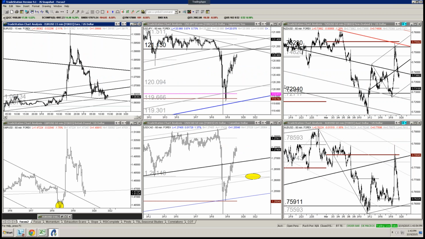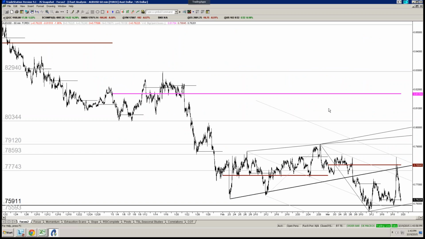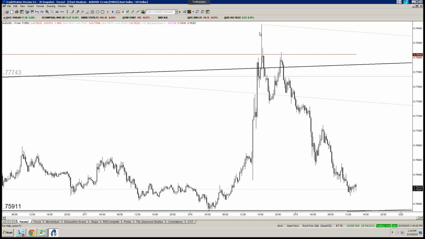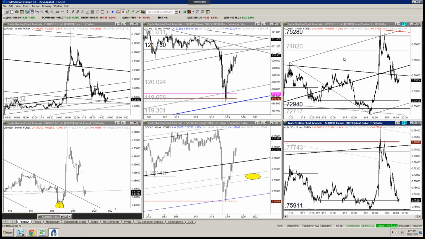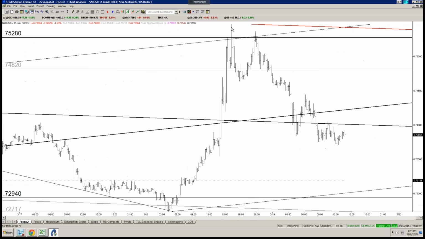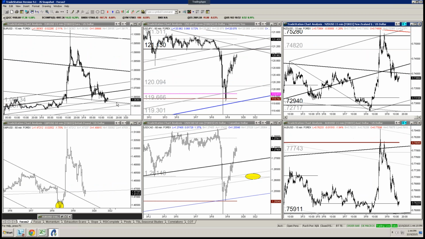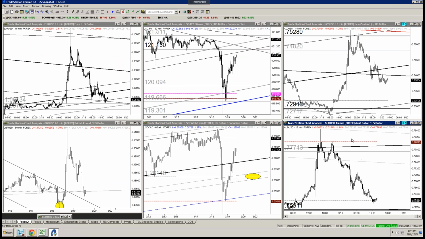I mentioned earlier that both Kiwi and Aussie have declined impulsively here. You can see the Aussie dollar decline, 1, 2, 3, 4, 5, okay? Kiwi dollar also 1, 2, 3, 4, 5, all right? So the commodity currencies are set up to get a bounce here, it seems, but then sell off pretty hard again, all right?